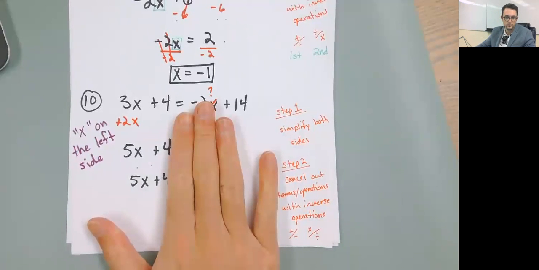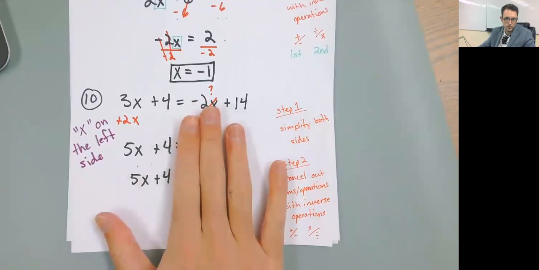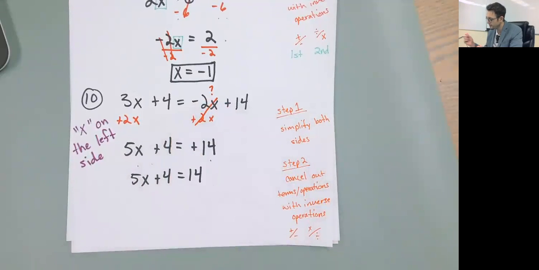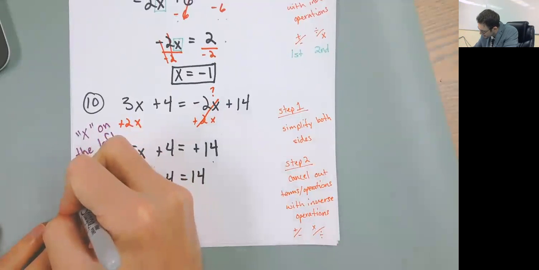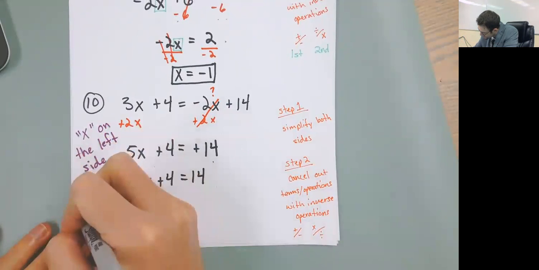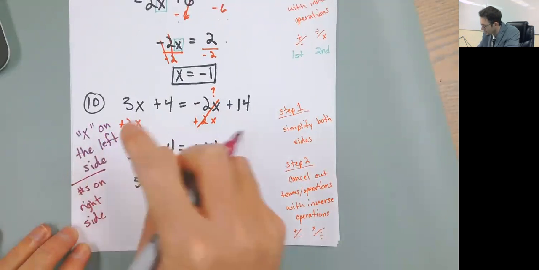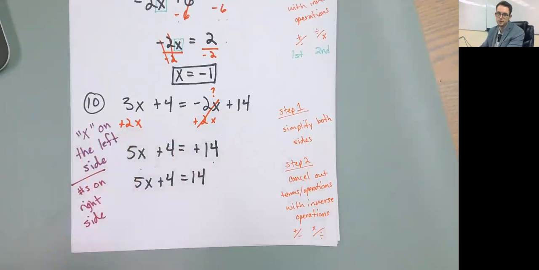All right. If I want the x on the left side, that means I want, let's write over here, number on right side. All right, if I want the x on the left side, that means I want the numbers on the right side.